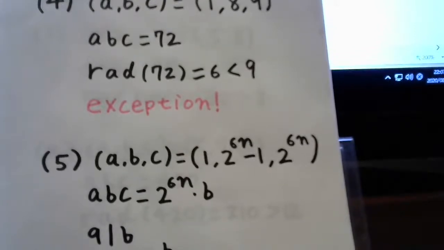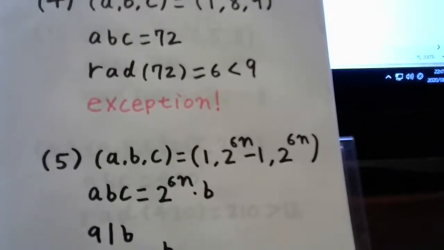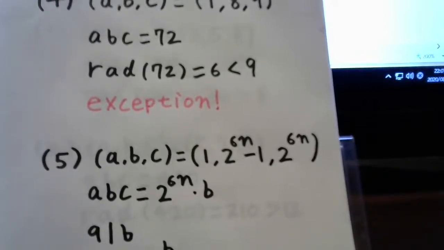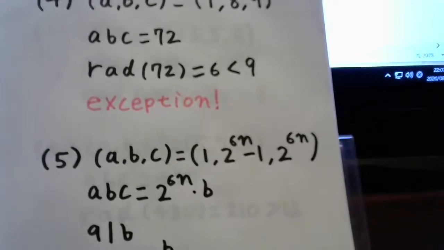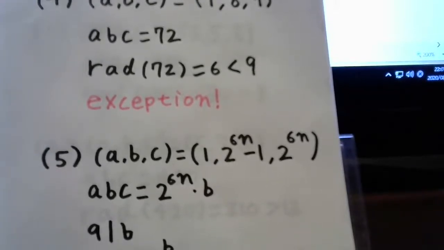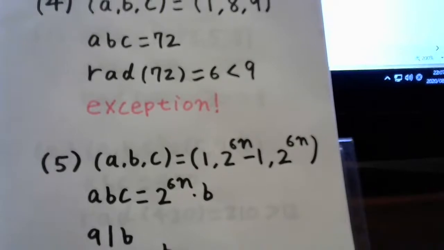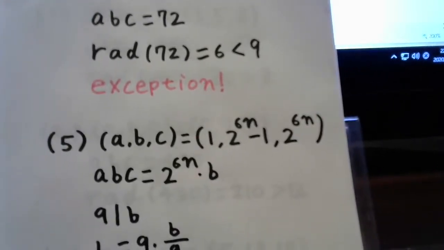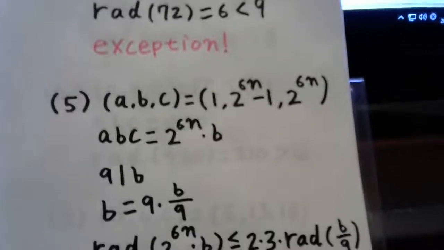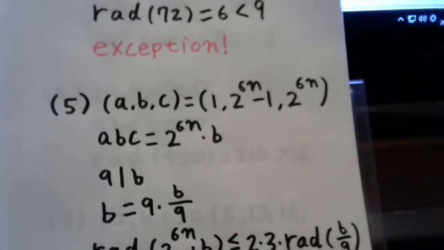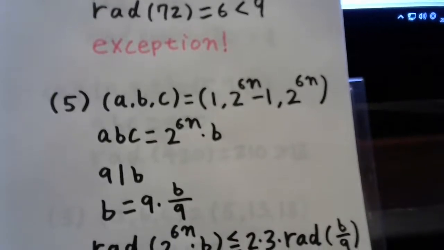abc equal to 1, 2 to the 6n minus 1, and 2 to the 6n. Well, in this case, abc is equal to 2 to the 6n times b. And 9 divides b. So b is equal to 9 times b over 9. Okay?